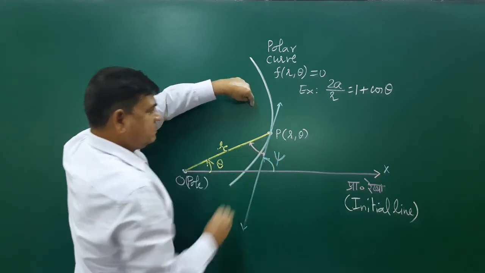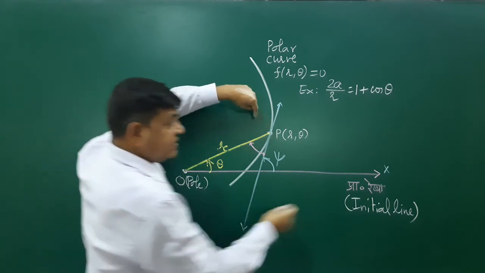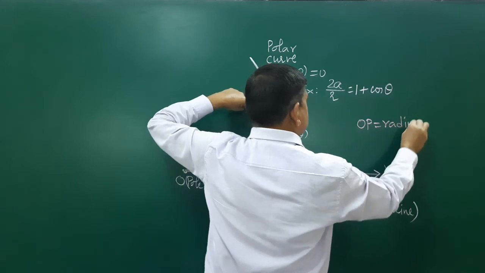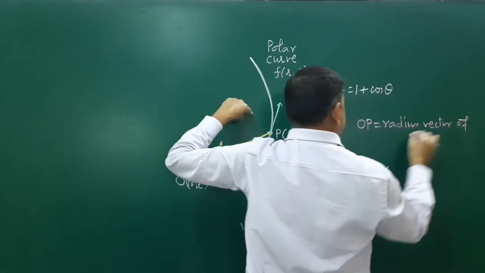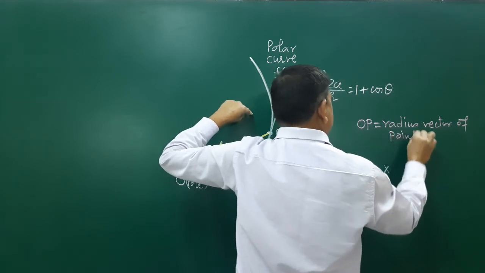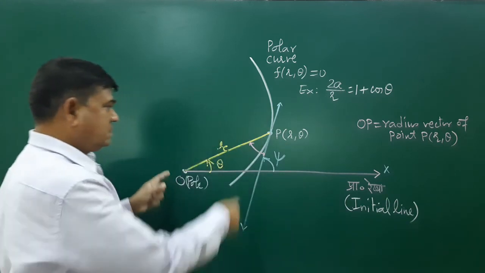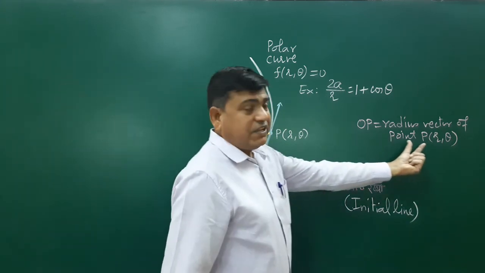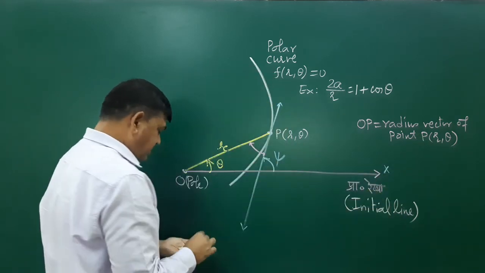Remember, OP is the radius vector of point P having coordinates r comma theta, and this is the tangent.